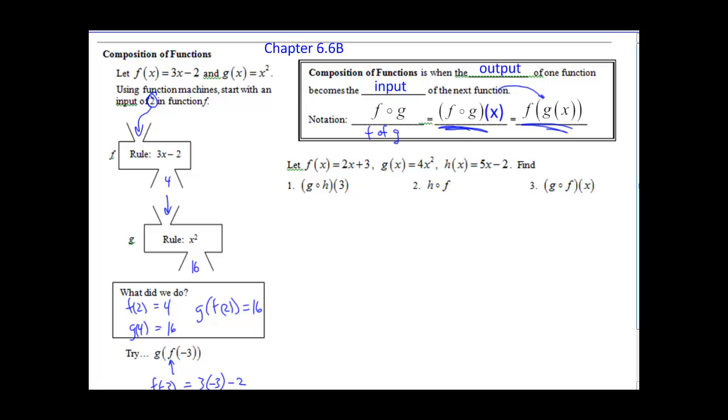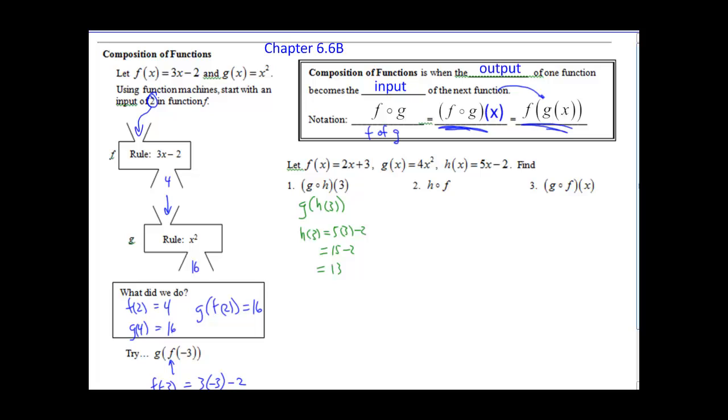So number 1, we're going to take g of h of 3, or written g h 3 if you need to. Okay? So we're going to input the 3 into the h function. So h of 3 equals 5 times 3 minus 2. 15 minus 2 equals 13.